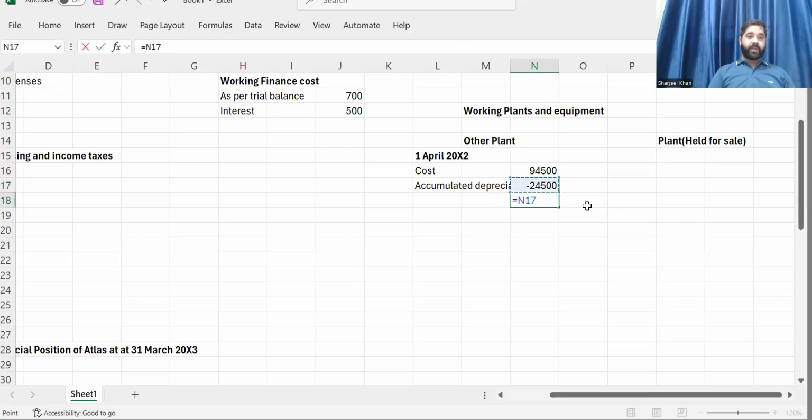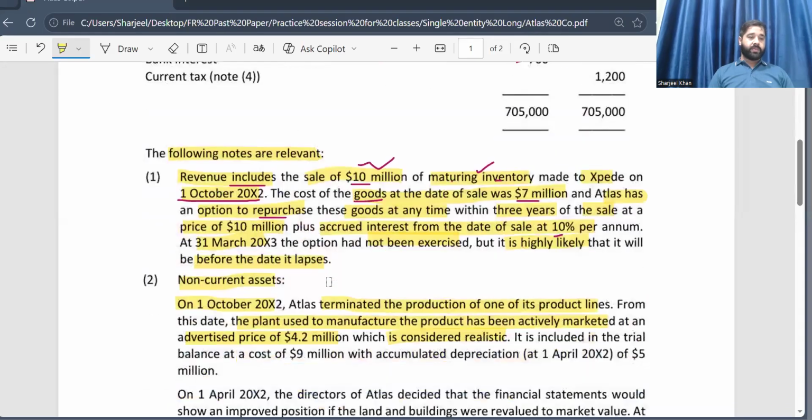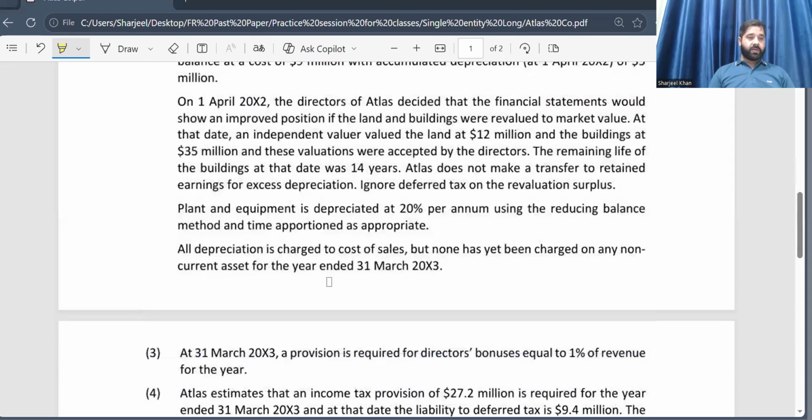So the carrying amount at the start of the year is 70,000. Now, if you look at the depreciation method, plant and equipment is depreciated at 20% per annum using the reducing balance method, and time apportionment is appropriate.